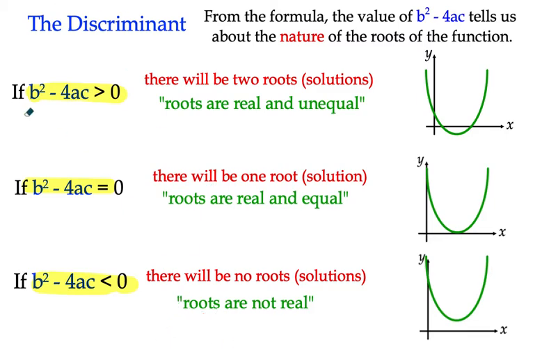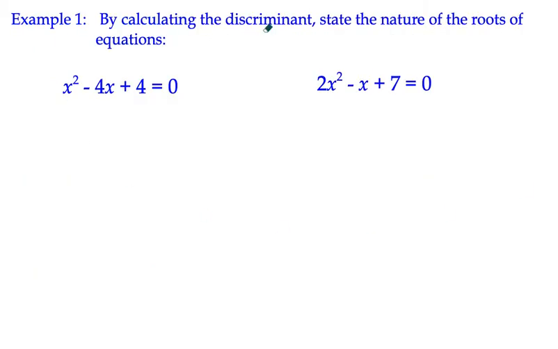Okay, so let's try and do a couple of these examples. By calculating the discriminant, state the nature of the roots of these equations. Okay, so just the nature. We're not asked to solve the equations, but we're asked to state the nature of the roots. So what we want to do is simply to write down, as though we're using the formula, a equals positive 1, b equals negative 4, and c equals positive 4.